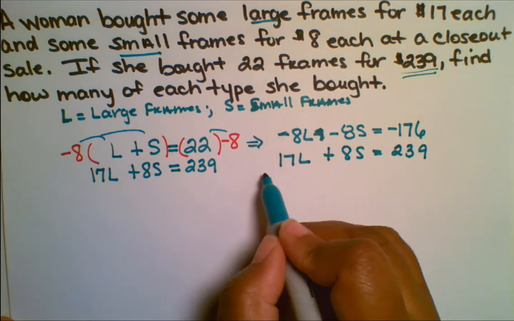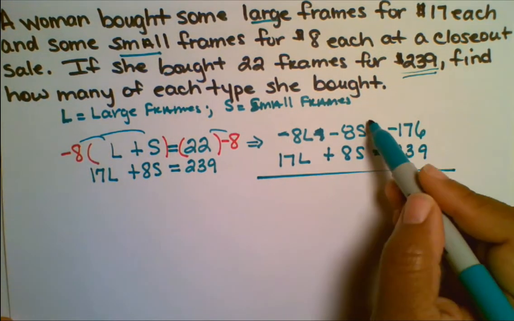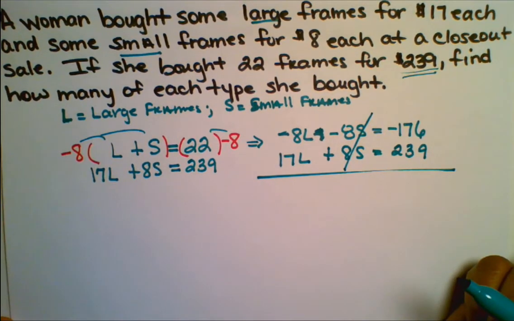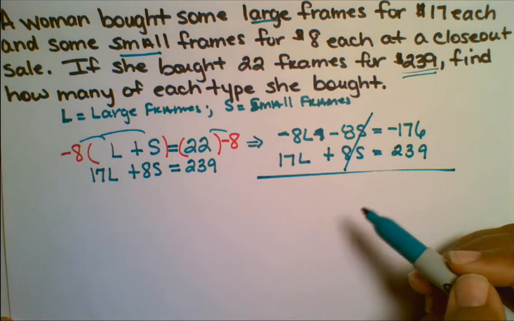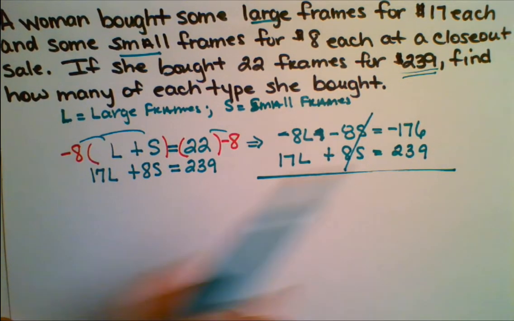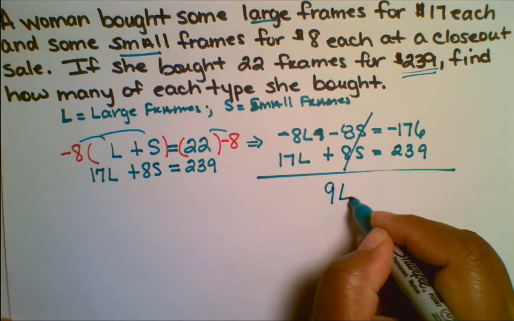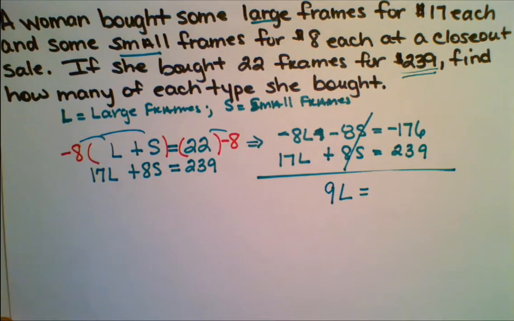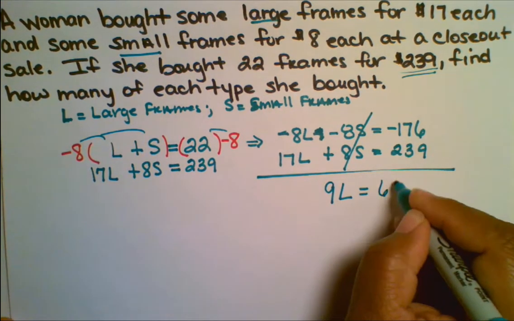Now let's look at our S's. They are negating, so it cancels out. And we're going to add negative 8L to 17L, which gives us 9L equals, we have negative 176 plus 239. That gives us 63.